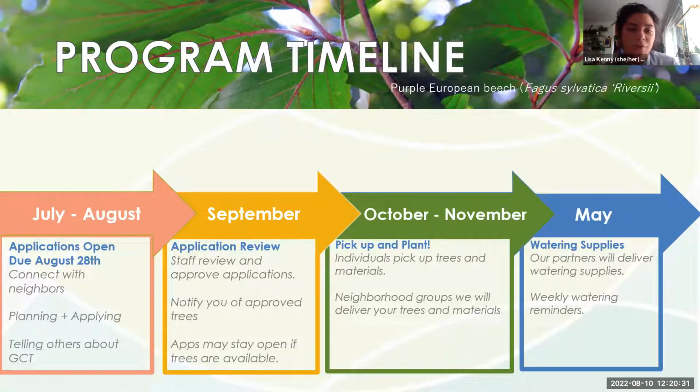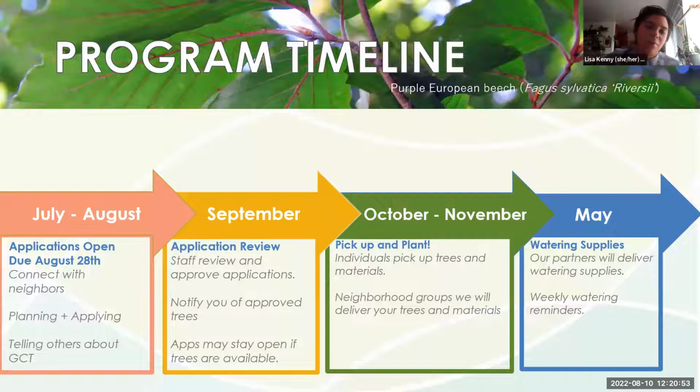Then in October and November, the fall, is when planting season is. So we don't want you to apply for a tree now and then plant now. That tree will have a very hard time getting established. We want you all to plant your trees in the fall. For individuals that apply on their own, we just ask that you help us out a little bit.